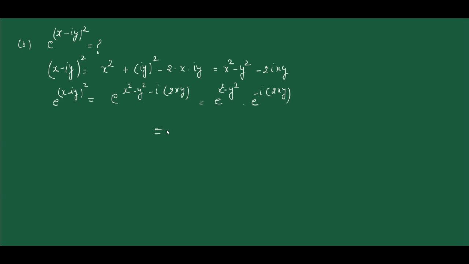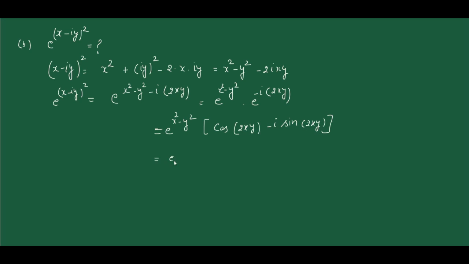Okay, now write this as e raised to power (x square minus y square) times e raised to power minus iota theta, that is cos of 2xy minus iota sine of 2xy.